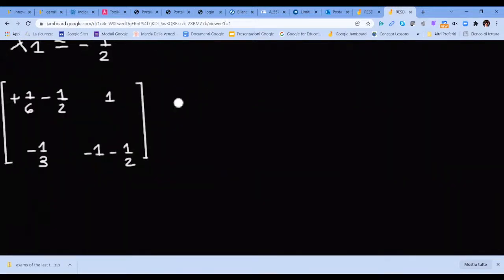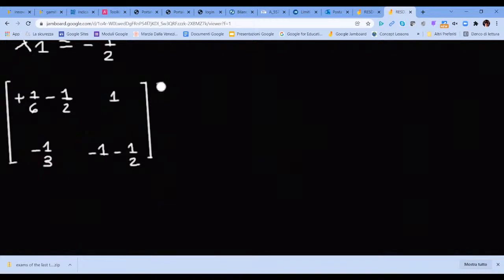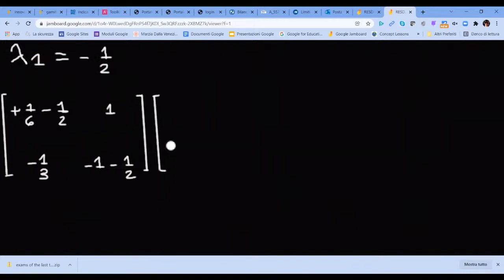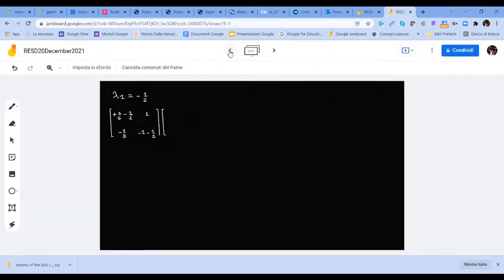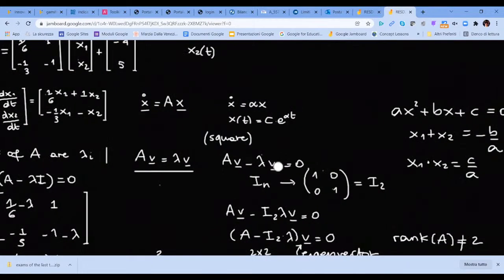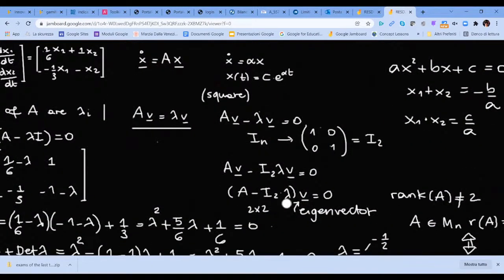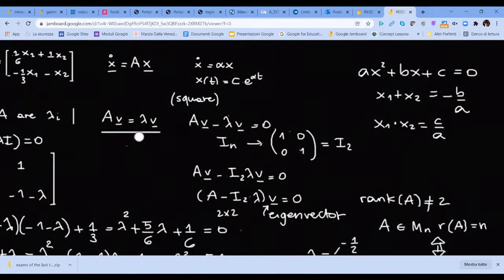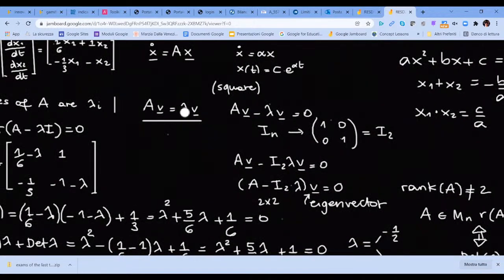We can continue with this method, but it is the very same, because I wrote in the previous board Av minus lambda v, that gives us A minus identity matrix times lambda. But if I have taken everything on the right side, that will be the same, 0.